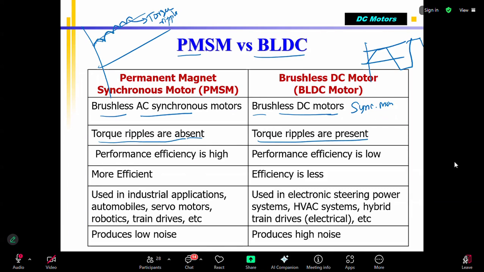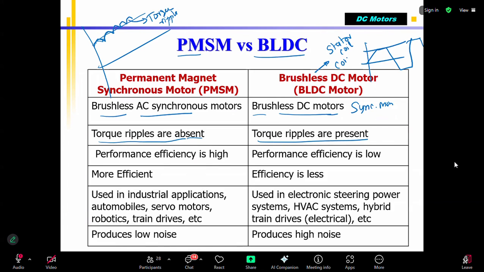What about the magnetic field from the stator coil, any idea? What is the difference between the stator coil of the BLDC and the PM synchronous motor? Anybody? Any idea? Stator coil, how is it distributed?